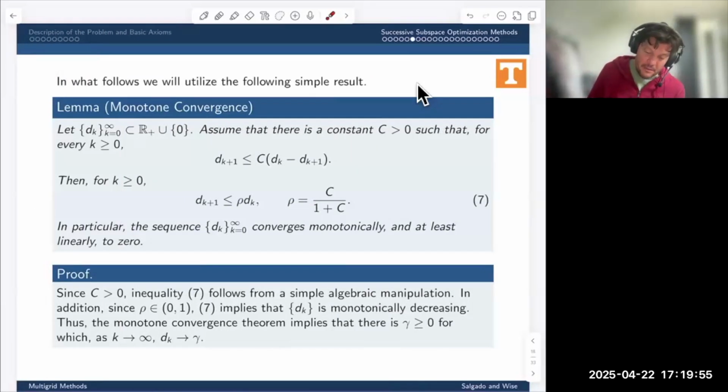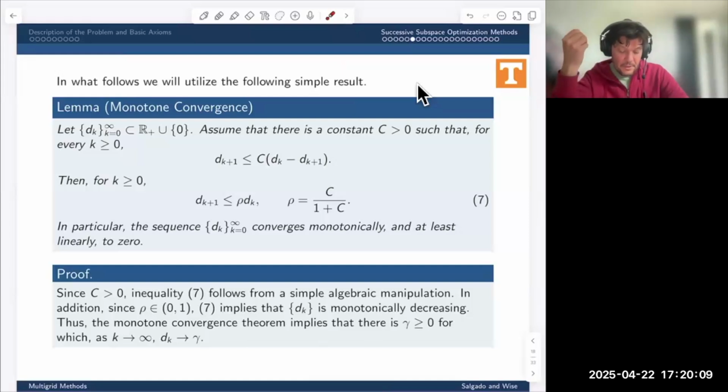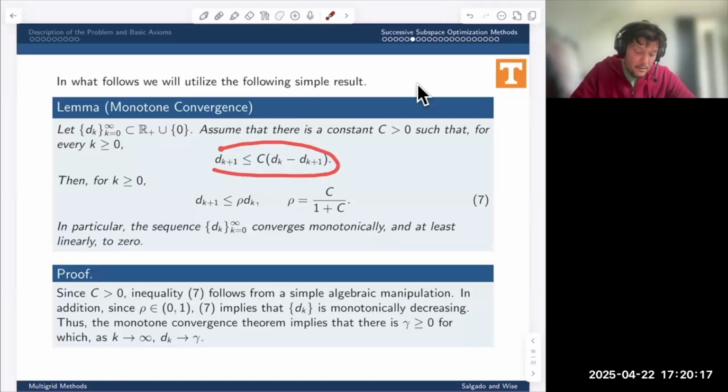All right, so the main little result that I'm going to use to prove that is given by this result here, which we don't have enough time to cover. It's a very simple little calculus result, a little sequence result. Basically, if I assume that I have a sequence of numbers that are, I guess, do I have to assume that they're all positive? I think so.